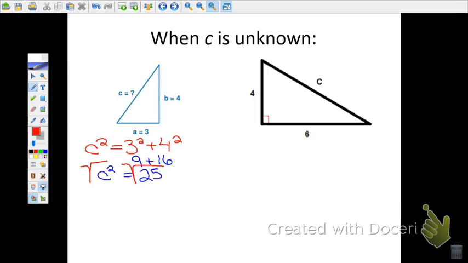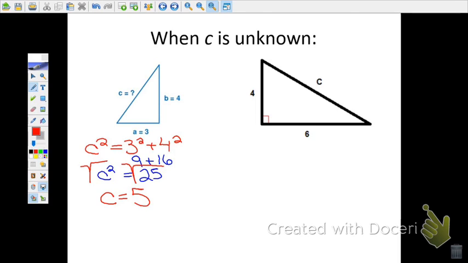The square root and the square, the exponent of 2, are inverse operations. They get rid of each other, so I'm just left with that variable c. There's no exponent and no square root symbol anymore, just the letter c. On the right-hand side, what is the square root of 25? 5. And that's my answer.